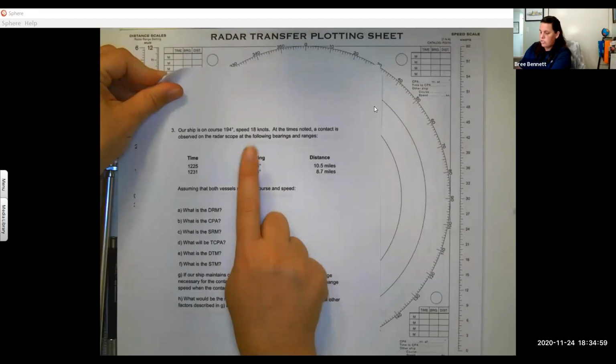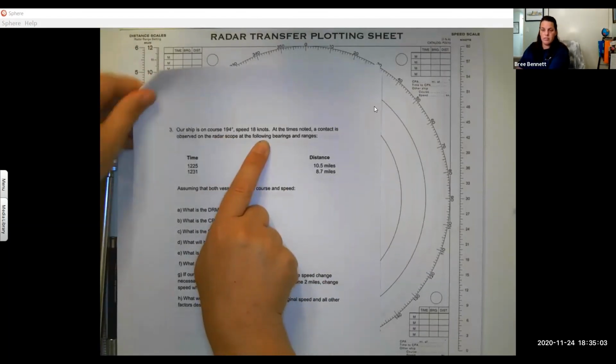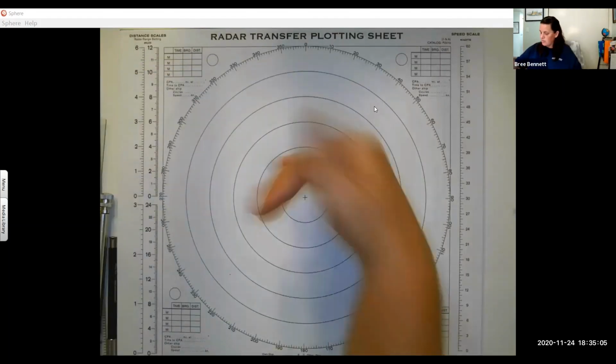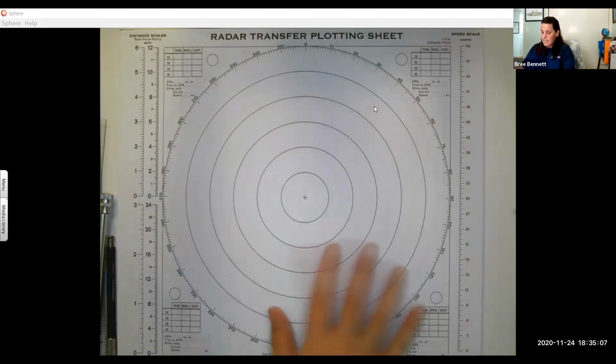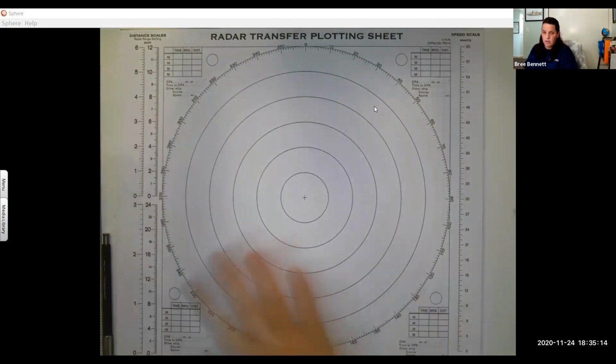We have our own ship at 194 at 18 knots. So this is a good one because we're working on the bottom side of the scope here, which can be disorienting sometimes. But we're going to follow all the same steps.